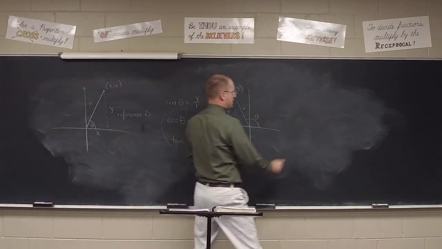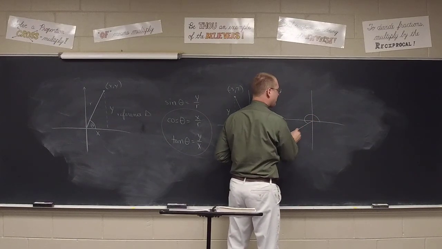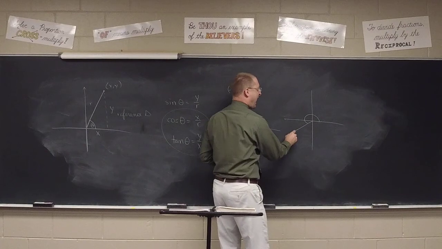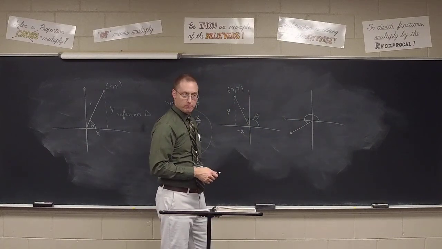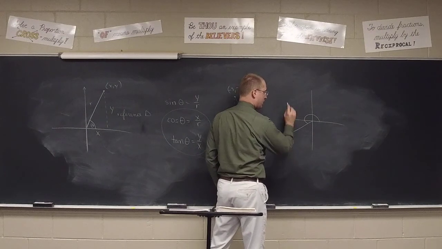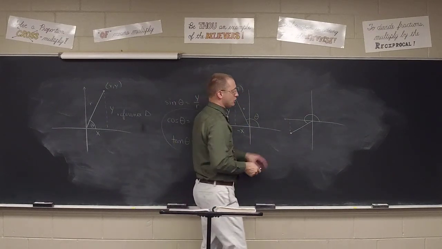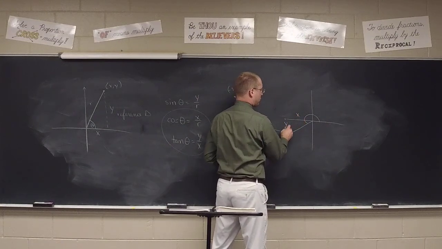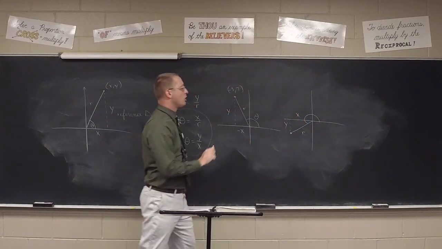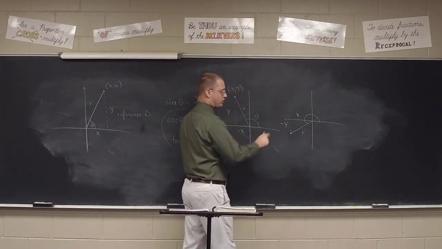Well, we move to the third quadrant, right? And now we're dealing with some kind of a reflex angle. How do I draw the reference triangle? Straight up to the x-axis. But it always goes to the x-axis. So here's my reference triangle. Here's x, here's y, here's r, but what's negative? Y. And x. Never r. R is always positive.